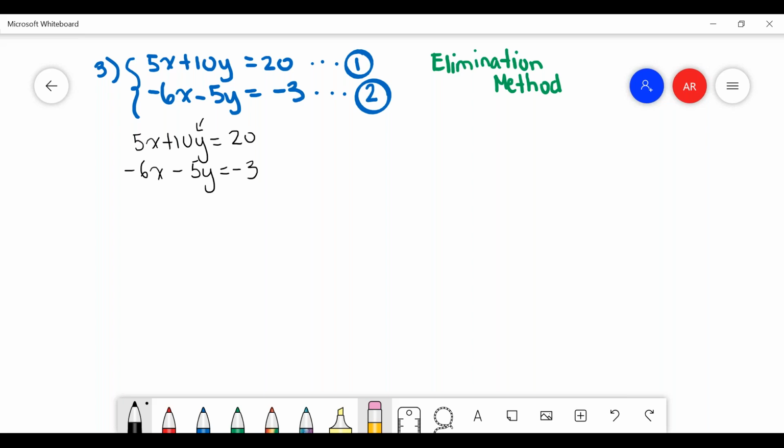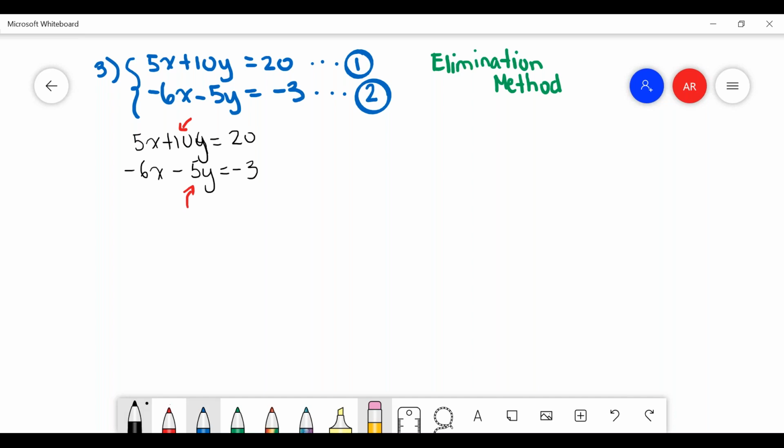If you want to eliminate the y variable, take a look at the coefficients of y for both equations. It really doesn't matter which variable you eliminate. So for right now, as I'm showing this example, I am going to be eliminating the y variable. So taking a look at the coefficients of y on both equations, the coefficient of y here is 10, and then we have a -5 for equation number 2.